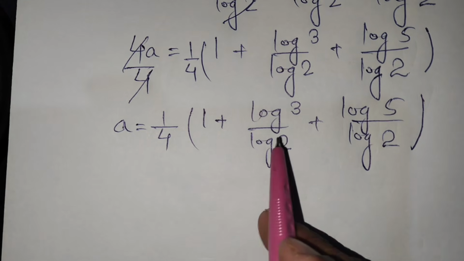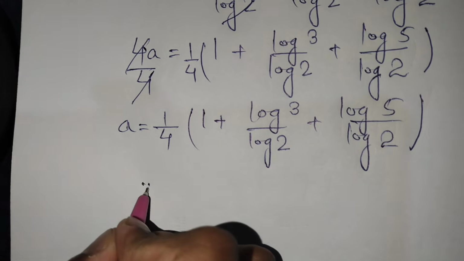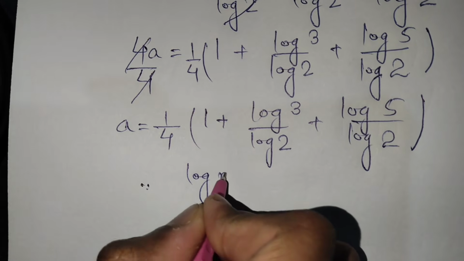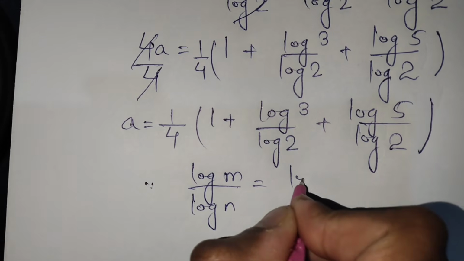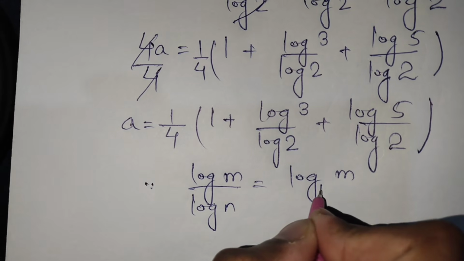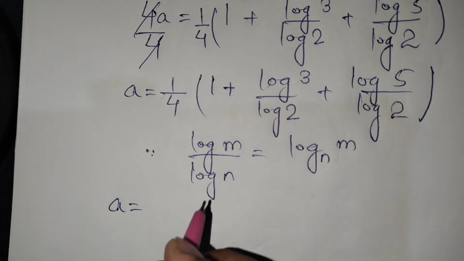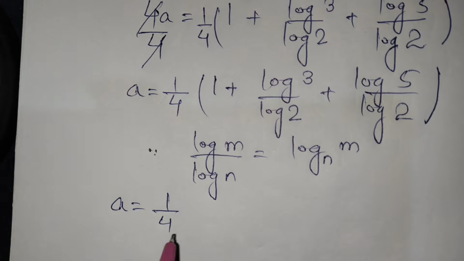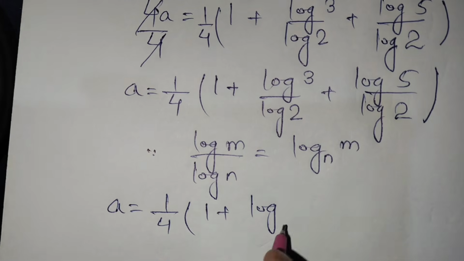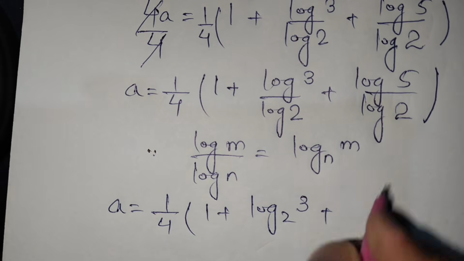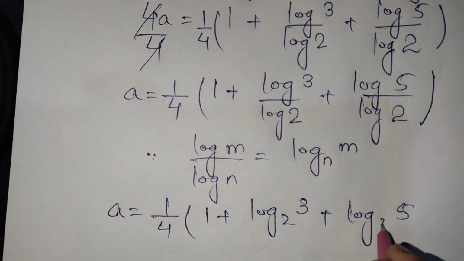Now we will use the log quotient rule, that is, log of m divided by log of n is equal to log of m with the base n. So our a will be equal to 1 by 4 times 1 plus log of 3 with the base 2 plus log of 5 with the base 2.